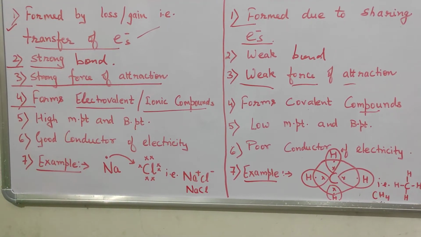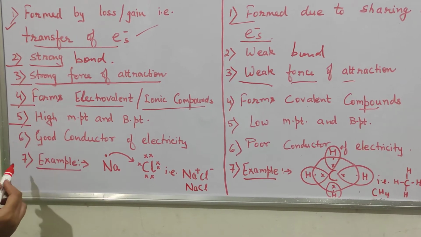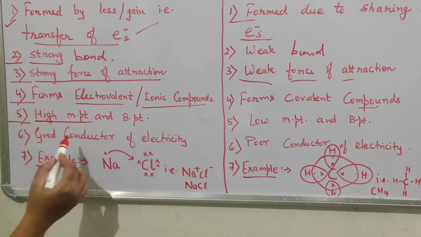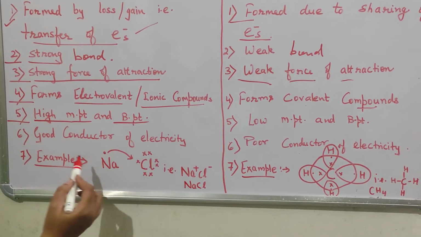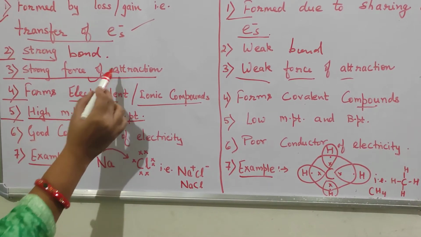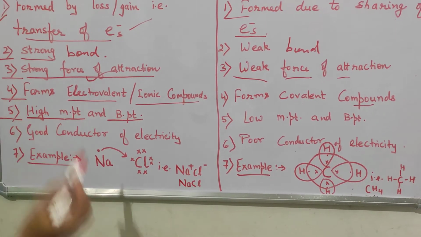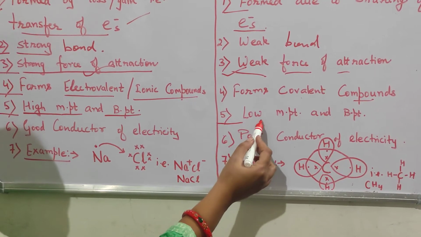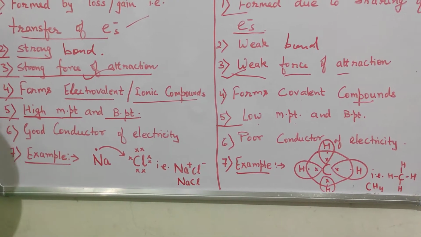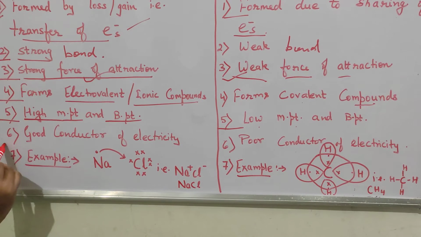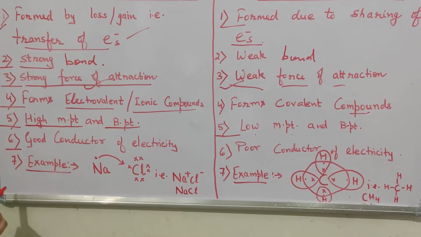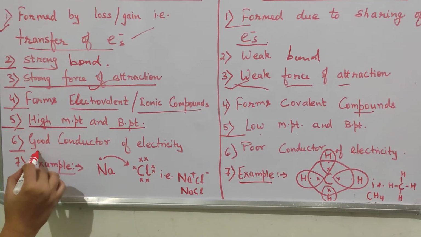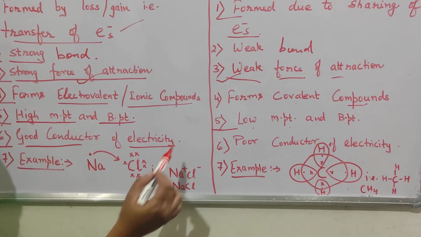A very general point. Now, point number 5, electrovalent bond have very high melting point and boiling point, and the reason is that they have a strong force of attraction. There only due to the weak force of attraction, covalent bond possess low melting point and boiling point. Again, point number 6, electrovalent bond, the compounds which are formed, generally they are good conductor of electricity.